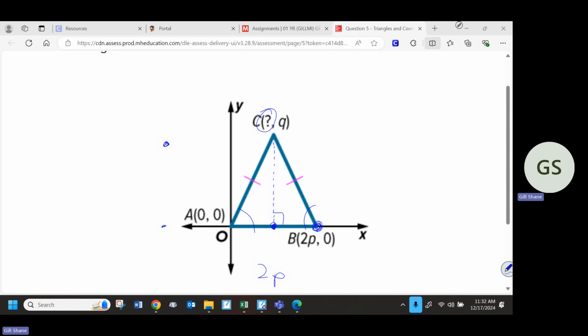What's it do? Finish it off. Bisects. Yeah, perfect. We bisect it. So if this whole thing is 2p, each one of those is 1p. And that therefore means that's what this x is. 1p. That would be at this point right here, it would be 1p comma 0, which means that the point up top would be 1p.